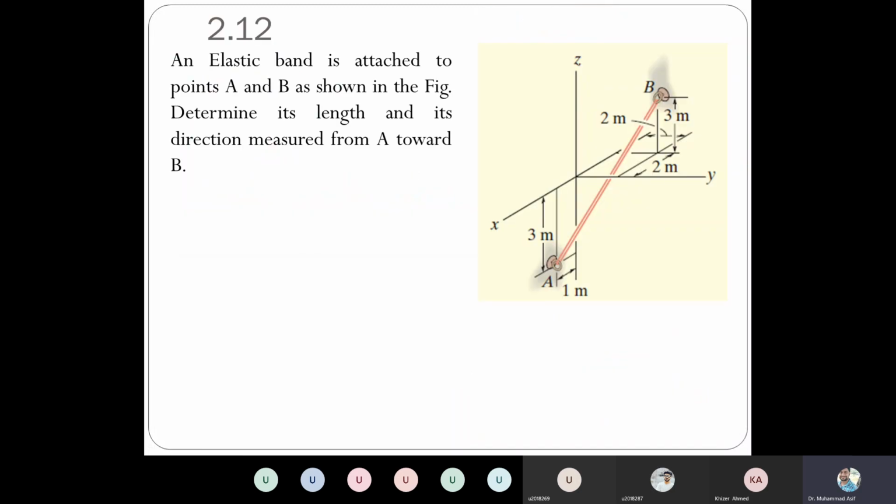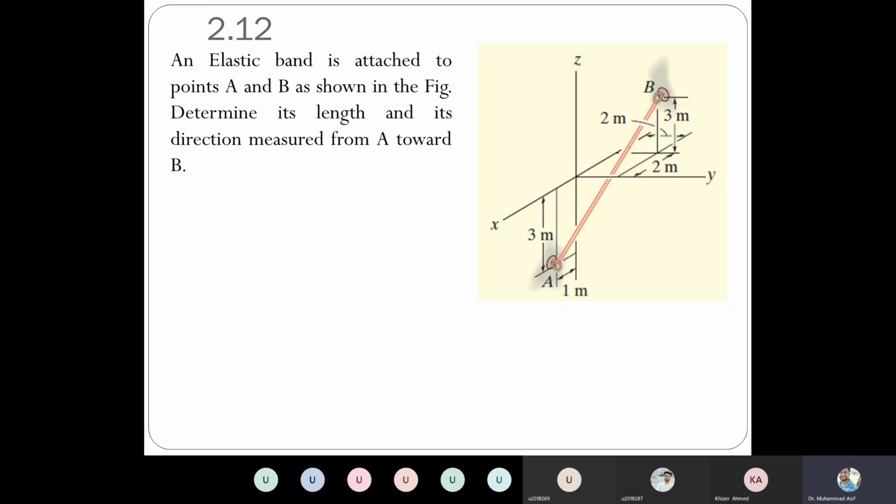Now let's try to solve a couple of numerical problems to understand this concept. For example, an elastic band is attached to a point A and B. Determine its length and its direction measured from A towards B. So how can we figure out the length?